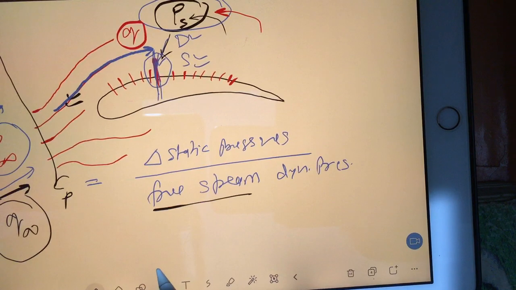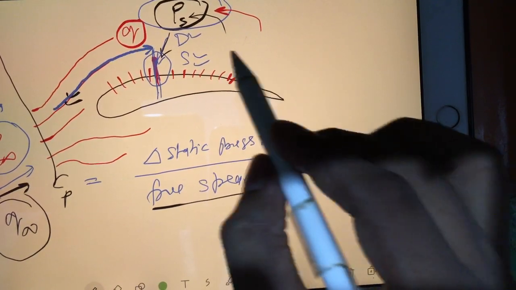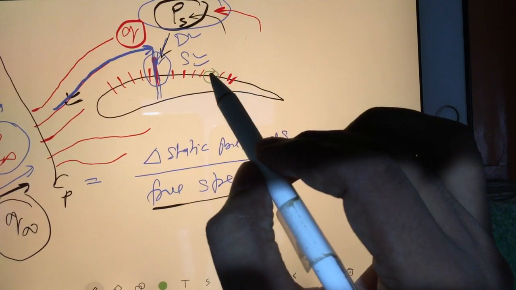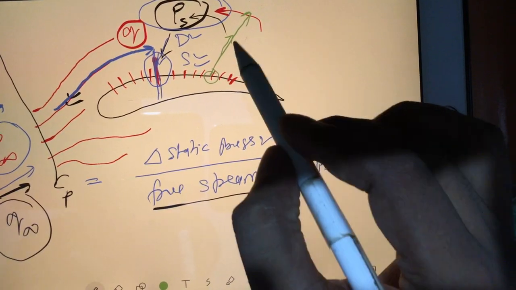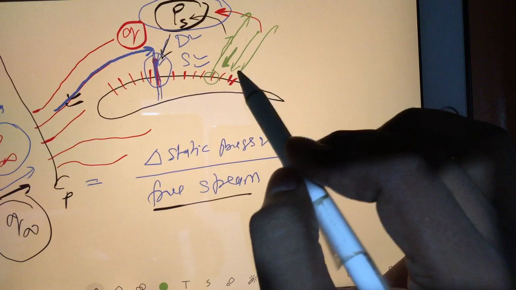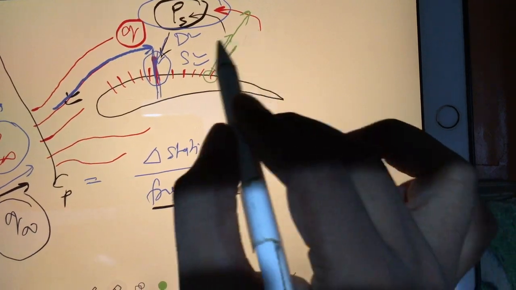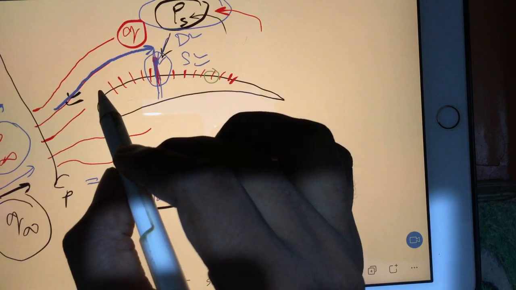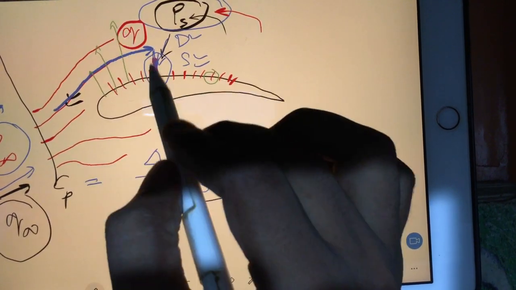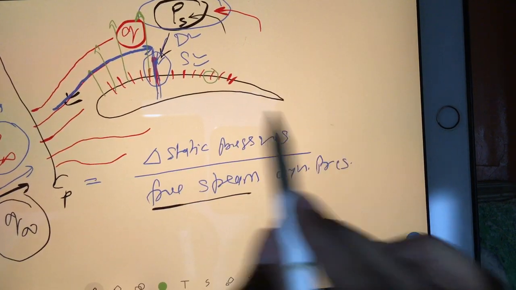My job is to know at this location whether your arrow will be outward and how much longer, or inward and how much shorter. That is my duty. That we call the coefficient of pressure. So at every point you can find your coefficient of pressure by using this formula.